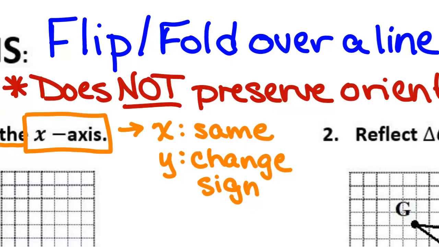X will stay the same, y will change signs. Again, this is when we're going across the x-axis.